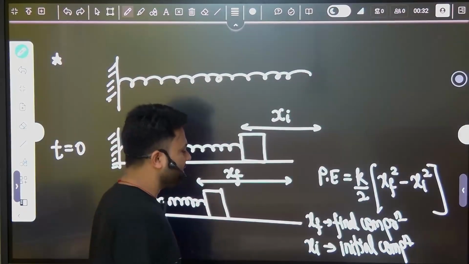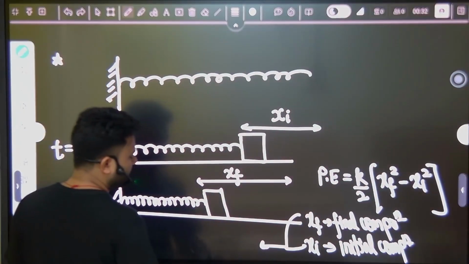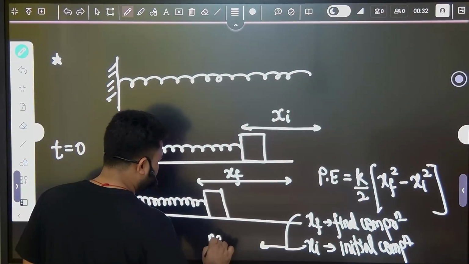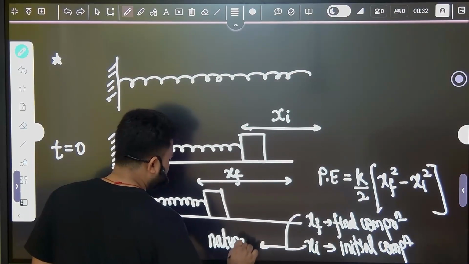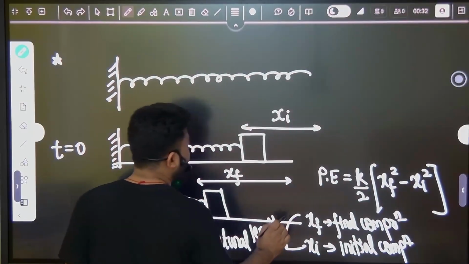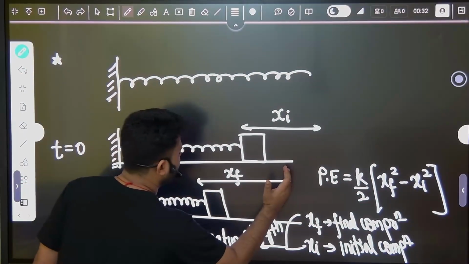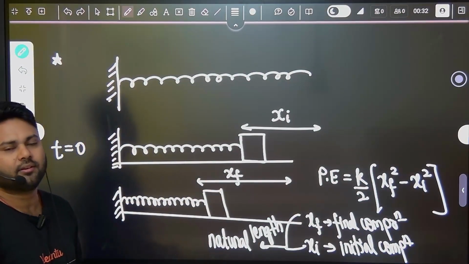And always remember this x final and x initial both we take from natural length of the spring. From natural length, how much it was initially compressed. Similarly, from natural length, how much it was finally compressed.